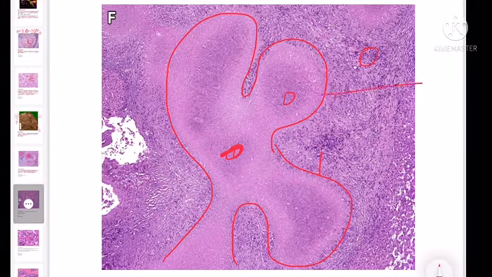So this is what we call the satellite granuloma. And the main point about this granuloma is it's a neutrophilic granuloma. In other granulomas we cannot find neutrophils, but here we can find neutrophils.